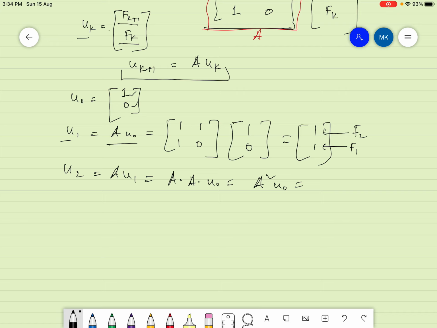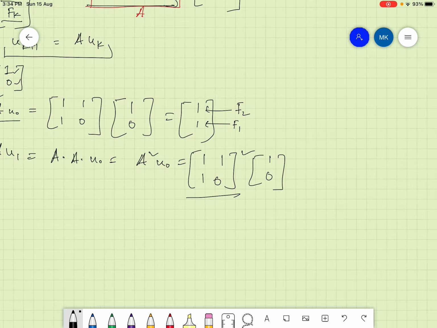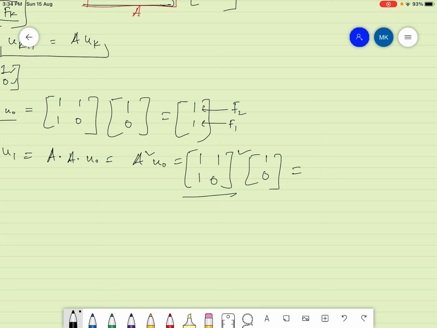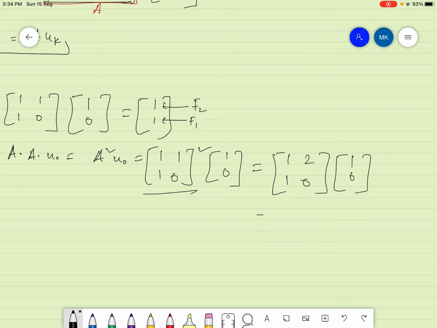So it should be 1 1 1 0 square, then 1 0. If you do it manually, you'll have something like 1 2 1 0. I'm not sure if this is right or wrong. I hope this is right.